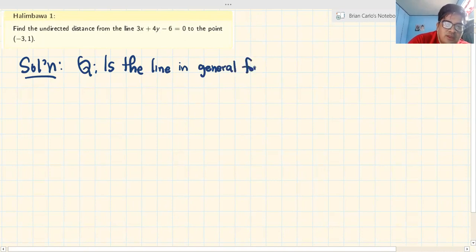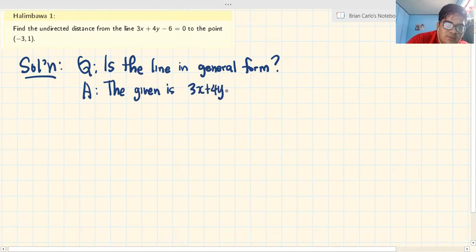Kasi kung hindi siya nasa general form, gagawin natin, ililipat natin siya into general form. Eh, answer. The given is 3x + 4y - 6 = 0. Hence, yes. Kasi ang general form, ganyan. 0 yung nasa kanan, tapos lahat ng terms nasa kaliwa.